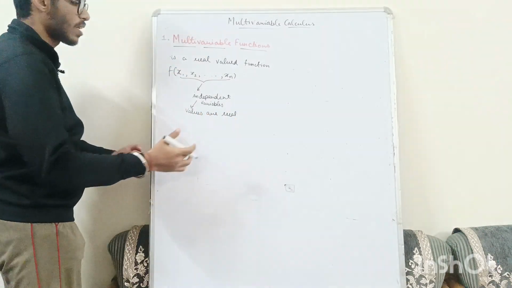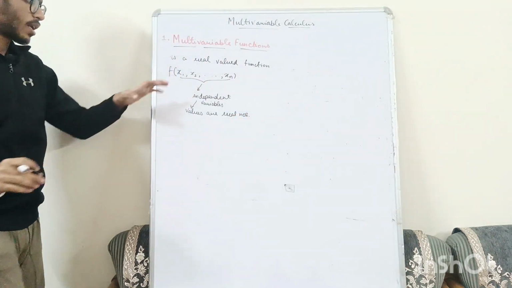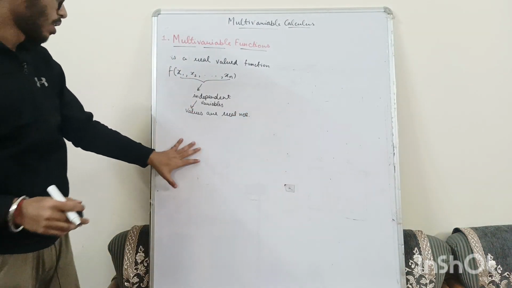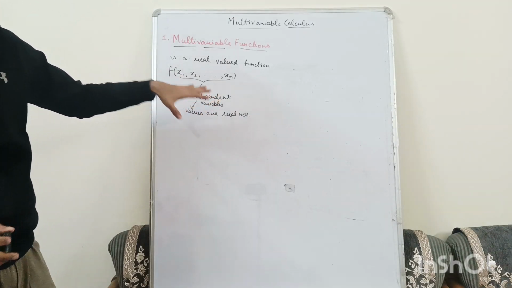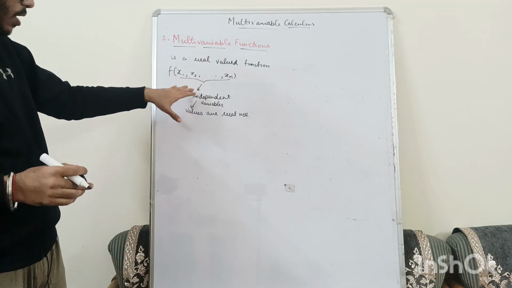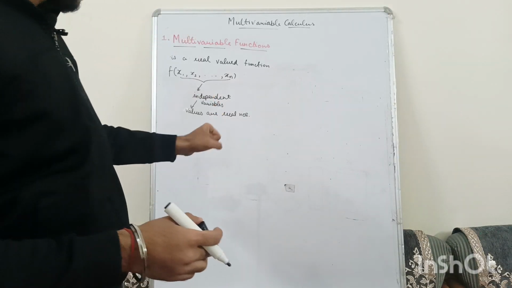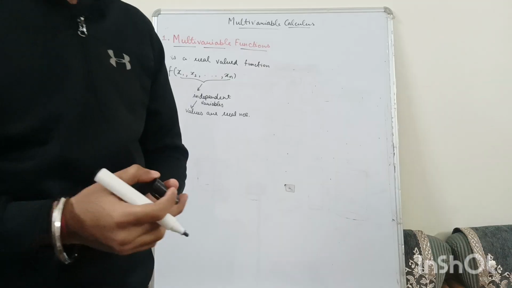It means x1, x2, xn are all real numbers, right? So when we input real numbers into this multivariable function, it gives me an output which also is a real number, right?